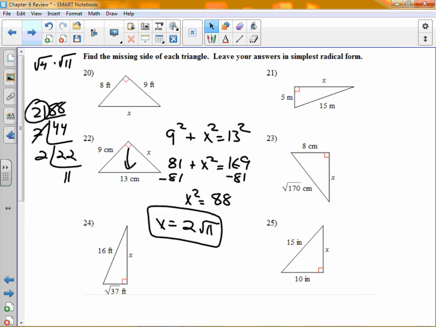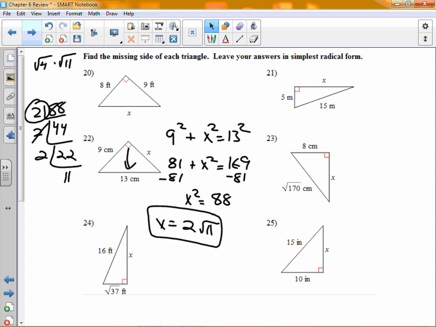Boy, I would be so proud if you took your calculator and said, okay, square root of 88, hit enter, and you get an answer. It would be 9 point something, 9.38. Then about 5 seconds later, you took your calculator and said 2 times the square root of 11. Do it real quick.